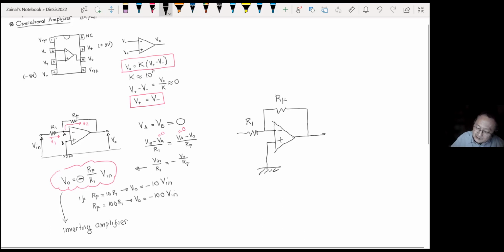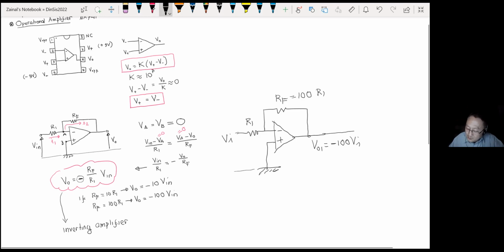Say Rf you assume 100 times R1. This one is the input, VI. Then you already have VO1, which is the same as minus 100 times VI.